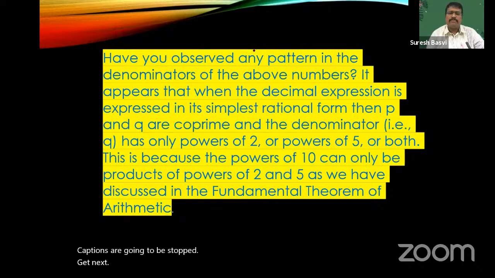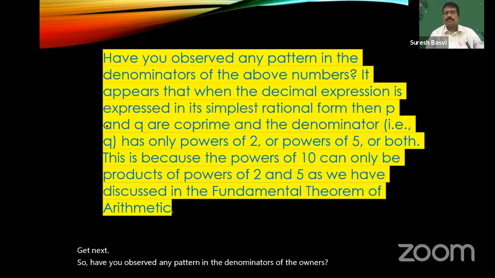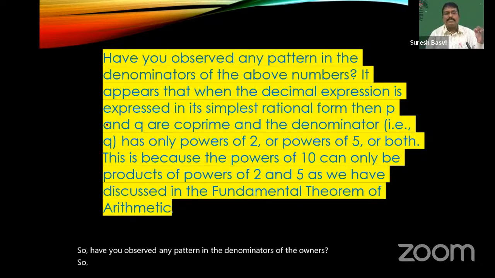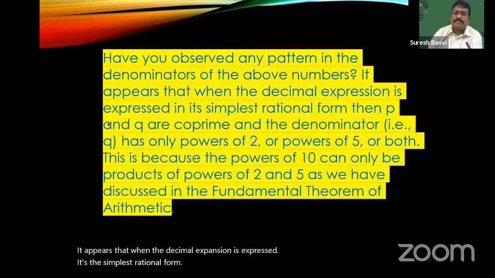Have you observed any pattern in the denominators of the above numbers? It appears that when the decimal expansion is expressed in its simplest rational form, then P and Q are co-prime. Am I right?